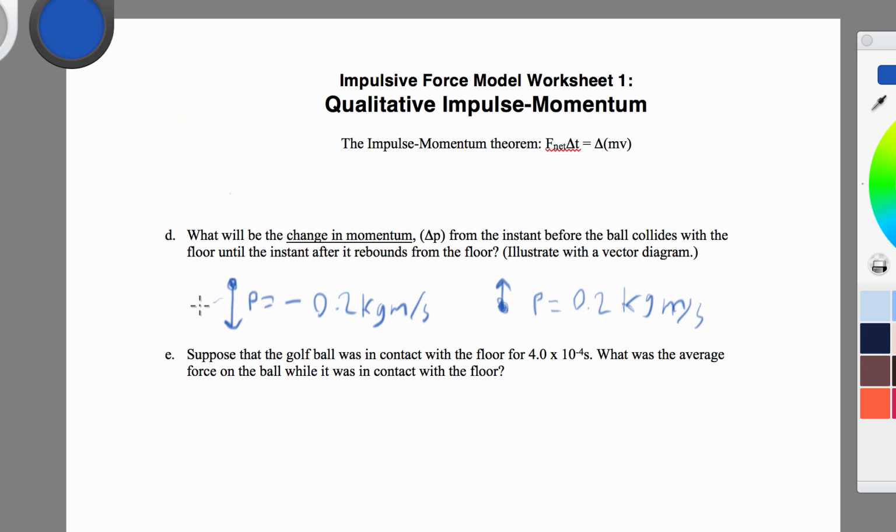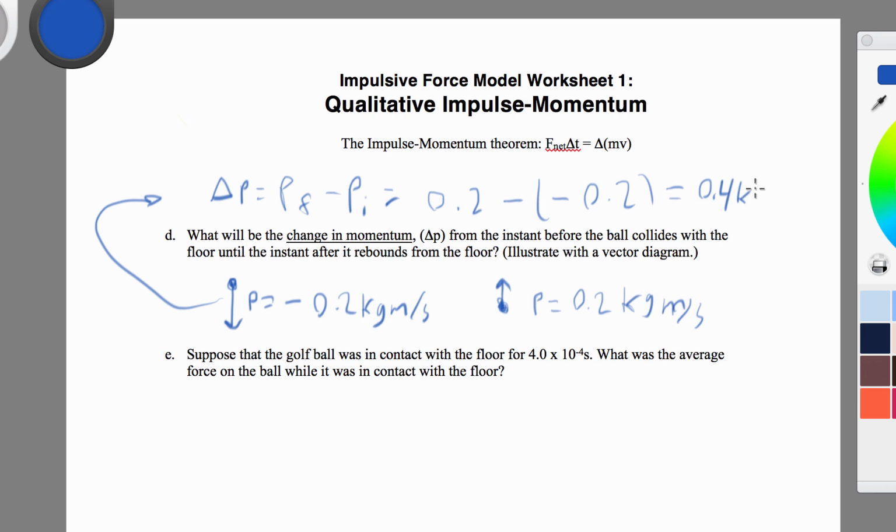And what's the change? Change in momentum is P final minus P initial. The final momentum was 0.2 minus a negative 0.2. Two negatives becomes positive, so it's going to be 0.4 kilogram meters per second.